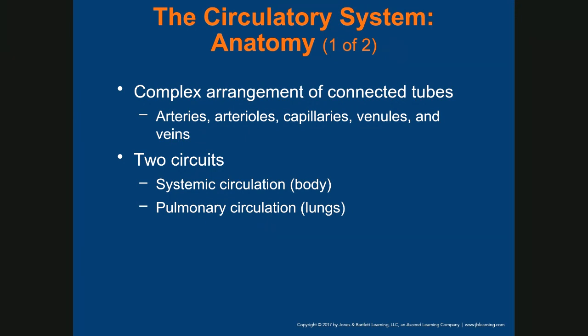Now, within the circulatory system, you have the systemic circulation, which is the circulation from the heart to the body and back to the heart. Pulmonary circulation is circulation from the heart to the lungs and back to the heart, right? The circulatory system is responsible for circulating blood within the body.